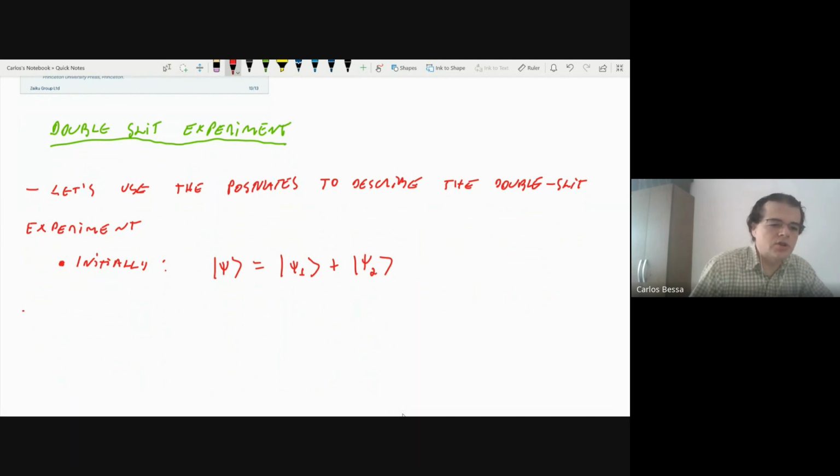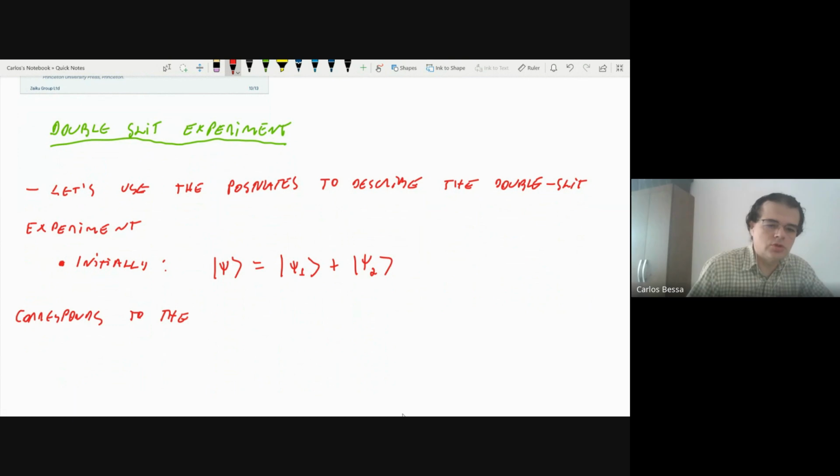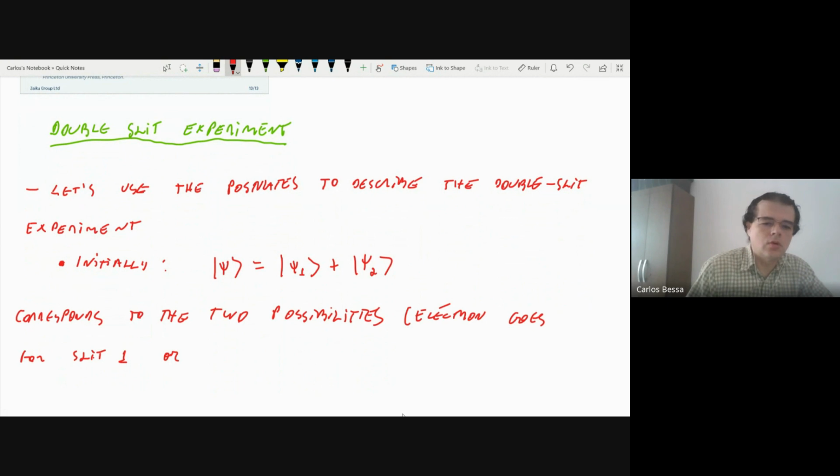So this state corresponds to the two possibilities. In this case, the electron goes by slit 1 or by slit 2.